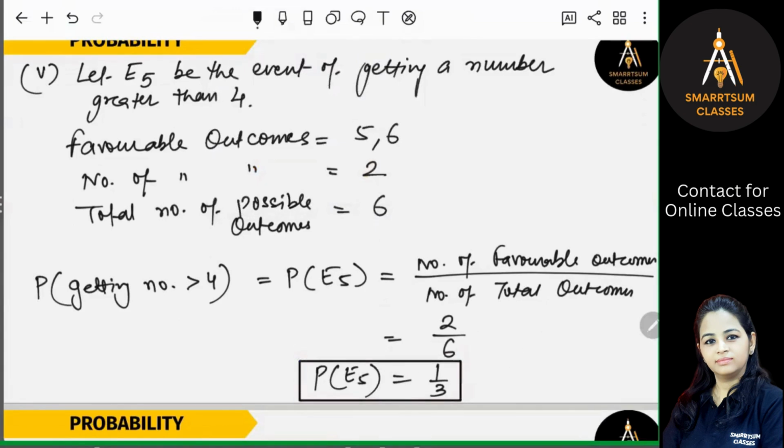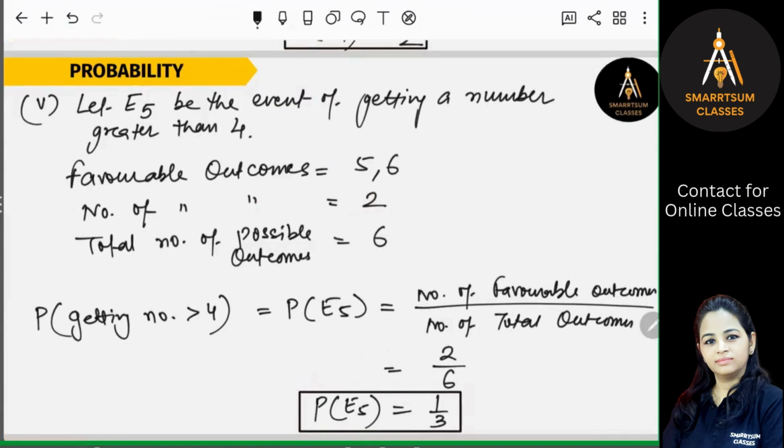Is that clear? So in this way, we can find the probabilities of different events when a random experiment is occurring, right? Here, throwing a die is a random experiment where you already know the possible outcomes, but you cannot predict exactly what the outcome will be.